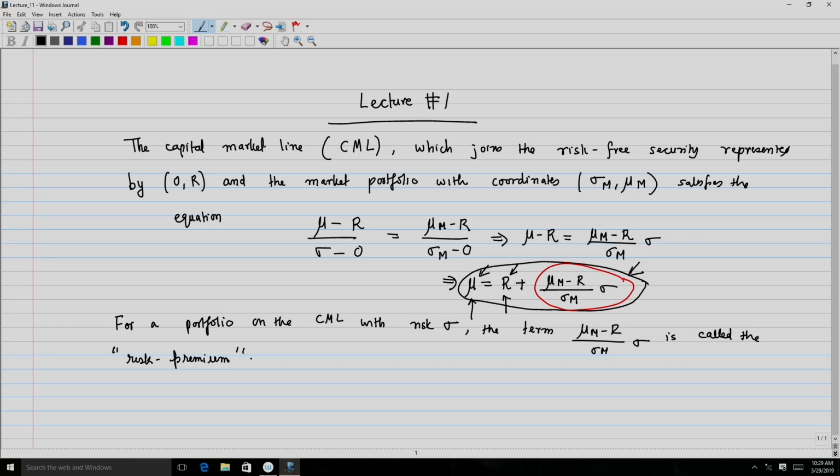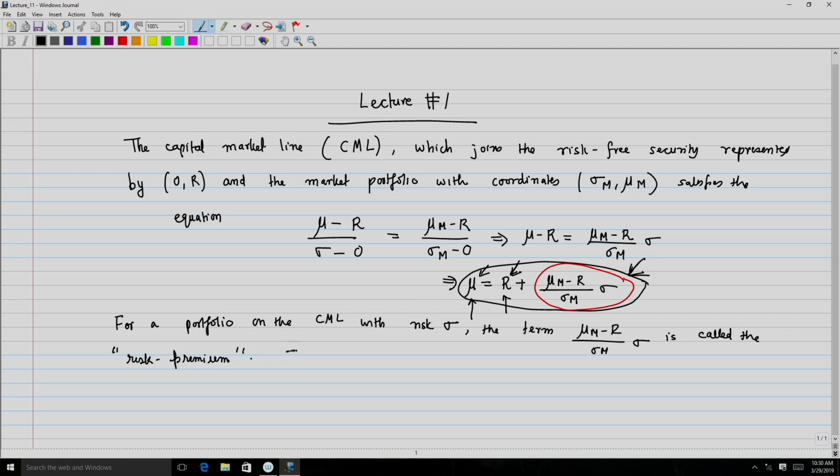So, in some sense it means that if you are not willing to take any risk at all, then the return that you are assured is capital R. However, in the event of taking a risk, then you can expect that you will basically get an additional return given by this term here over and above the risk free return that you are assured if you do not want to invest in any of the risky asset. So, this is the additional component or incentive which is referred to as the premium, because you have decided that you are going to take position in risky asset also in addition to the risk free asset.